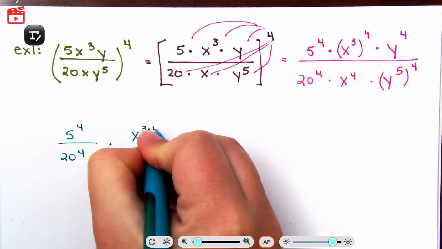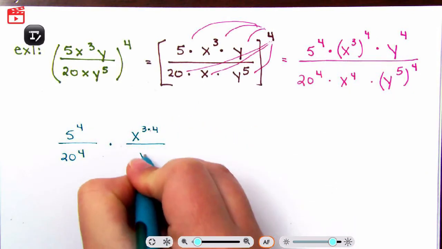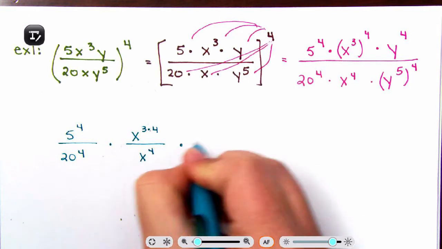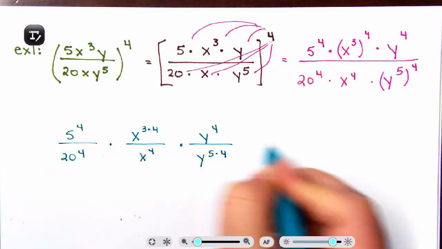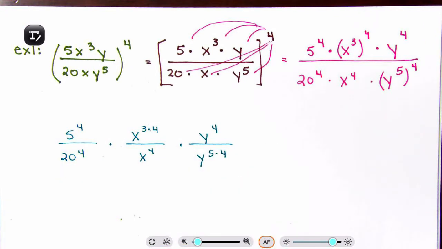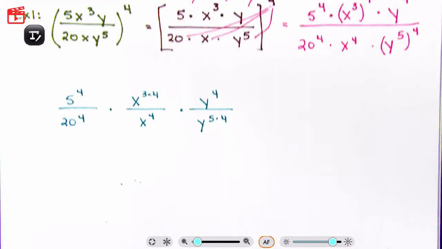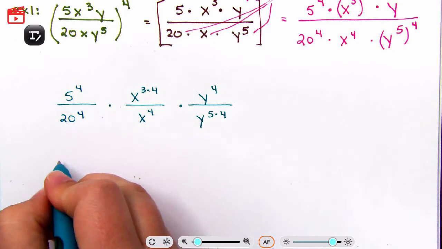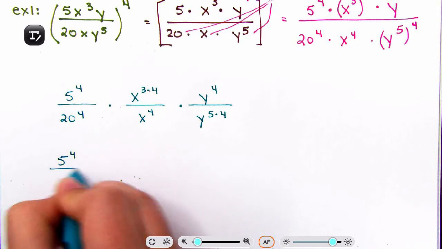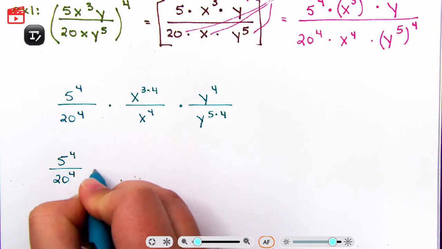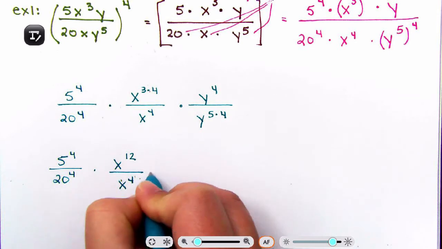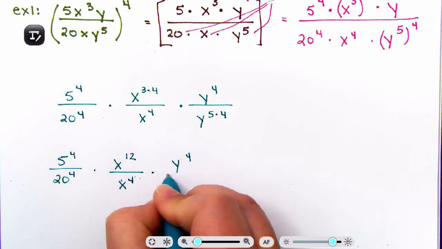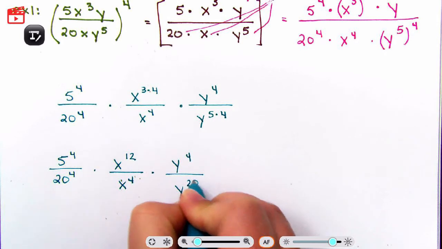So 3 times 4 now, divided by x to the 4th power, times y to the 4th power, divided by, again using that power, 5 times 4. Again, I'm going to leave the numerics for last. x to the 12th divided by x to the 4th times y to the 4th divided by y to the 20th.